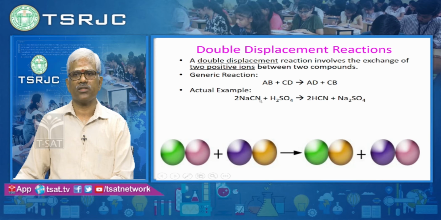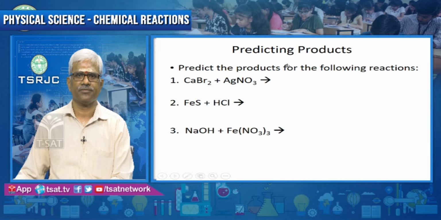So, the cyanide part is replaced and the sulphate ion is also replaced. So, both are replaced from their parent molecule. So, two displacements have taken place in this equation. It is called double displacement.